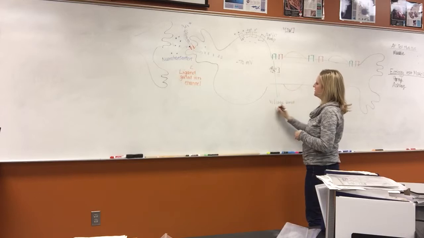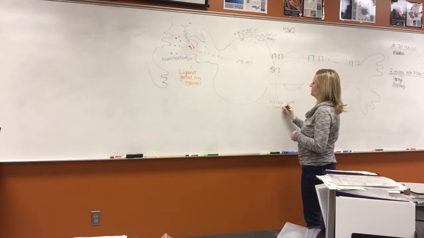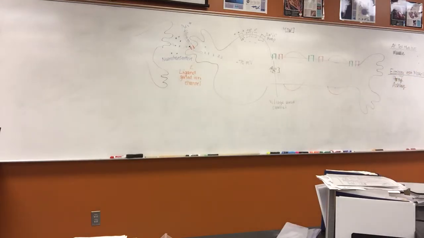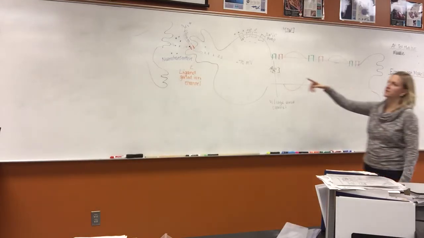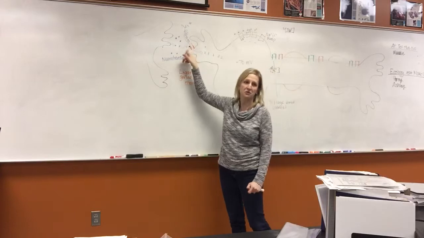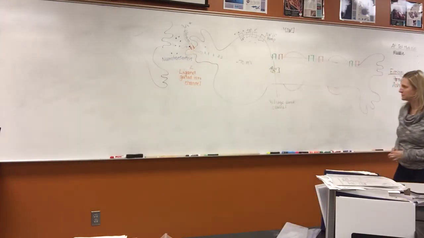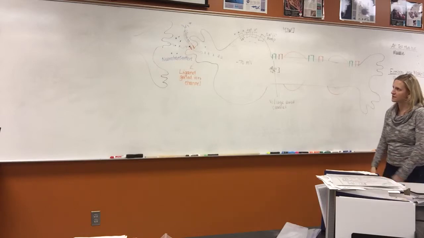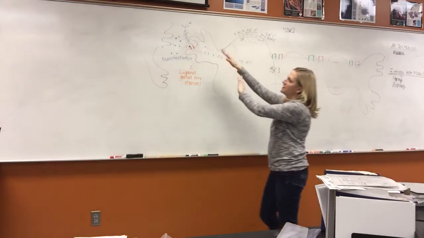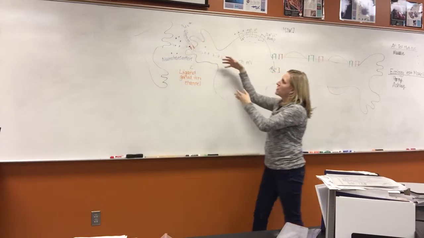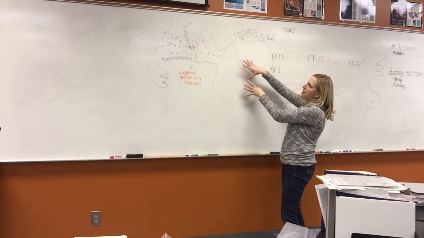And what makes them different is they open and close in response to a change in voltage or charge. This one opened because of a neurotransmitter binding to it. So what happens here is we have our stimulus, the neurotransmitter binds, the gate opens, sodium rushes in, and the inside of the cell becomes more positive.